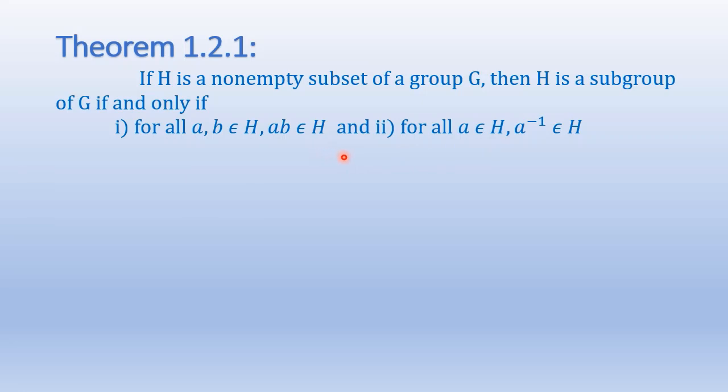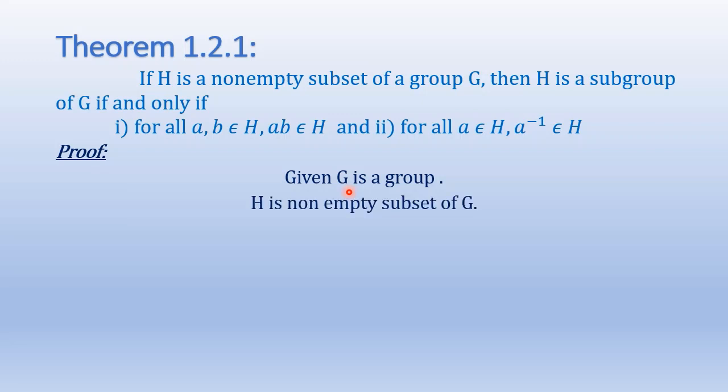Let us see the proof. Given G is a group, the binary operation is understood to be dot. Let H be a non-empty subset of G. Then first we are going to assume that H is a subgroup of G. Then obviously these two conditions follow.